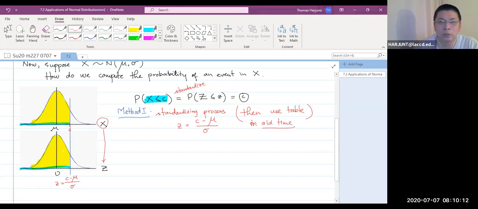I think our textbook still uses this method. Of course, since you converted to the standard normal distribution, you can just use the calculator the way we did yesterday.